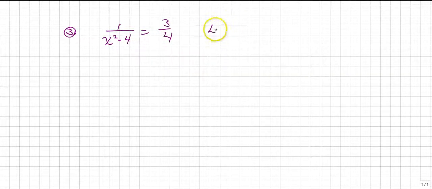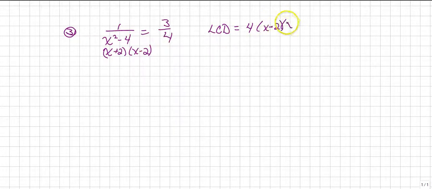So the first consistent step is to find the least common denominator. I'm going to factor the denominator on the left, x plus 2, x minus 2. So I can see the least common denominator is all the different factors I see, which are 4, x plus 2, x minus 2.